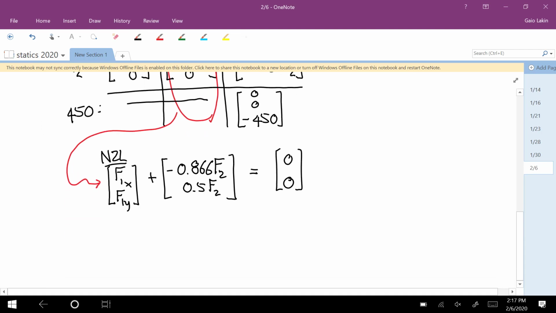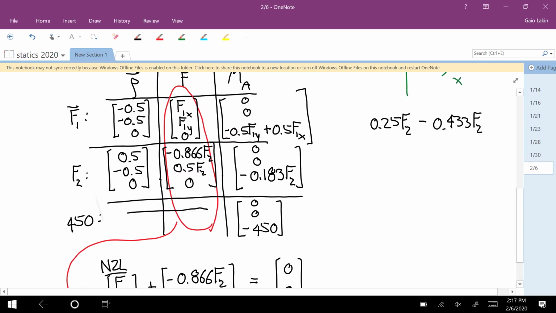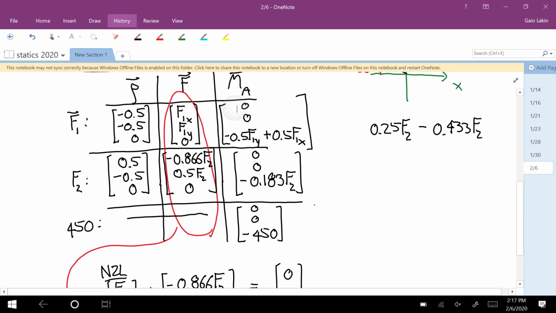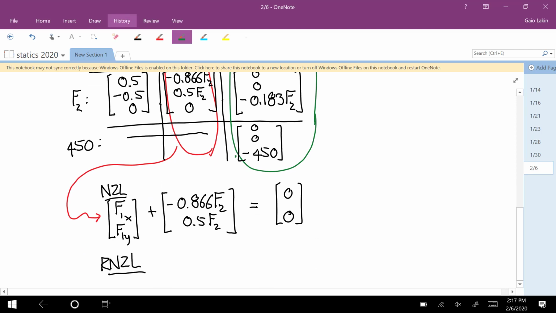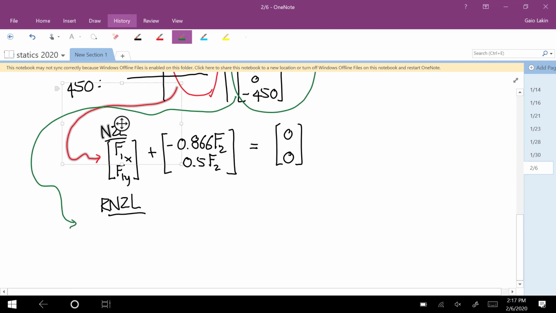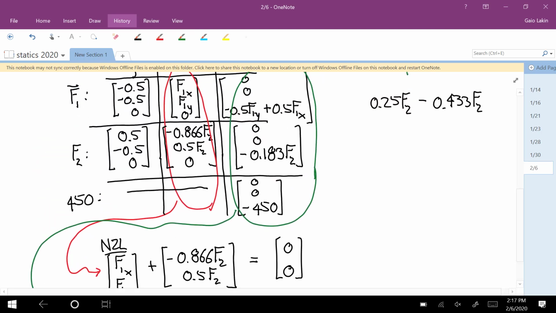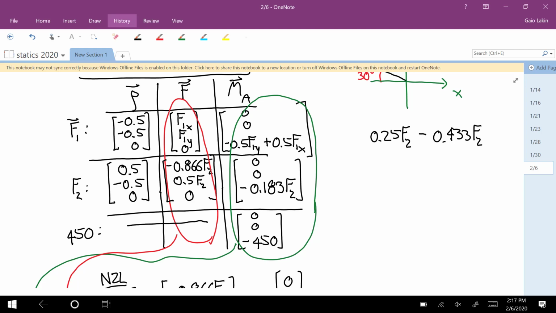And then for the moment equation, rotational Newton's second law, I'm going to take all these and add them together, and that gives me the left side of the rotational equation. If we did it for x and y, for each one we just get 0 equals 0. That doesn't help us at all. So I'm just going to write down the z equation.